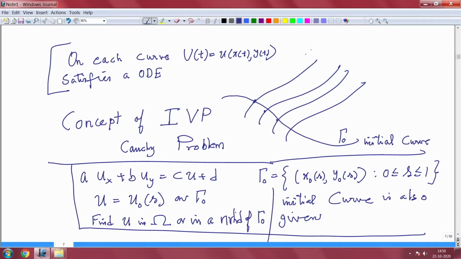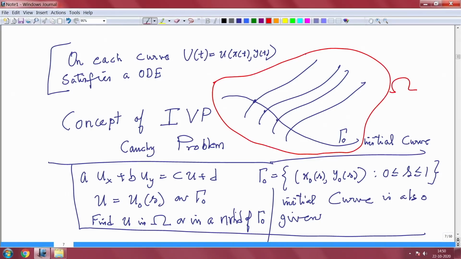That means you have your domain omega here, your characteristics here, and then you have an initial curve here, and the value of u is given along this initial curve. So, try to find u in the entire domain omega, or if not, at least in a neighborhood of the initial curve.